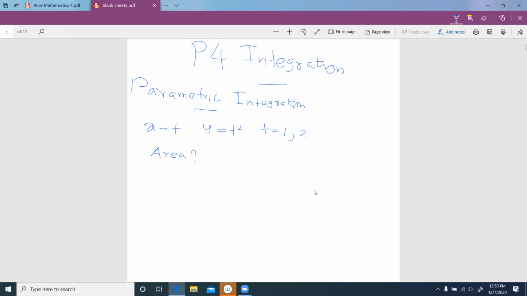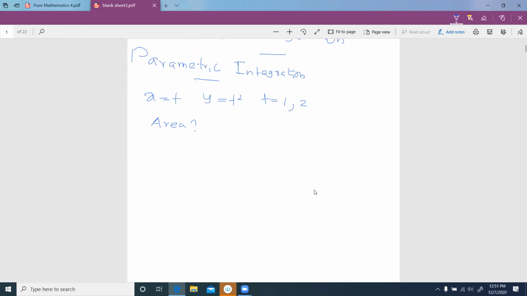What you need to understand is that any area A is given by the formula integration of y dx. That is the formula for area. Over here, this is integration of y, where y is t squared, dx. Now there's a problem over here. You integrate t squared in terms of dx.